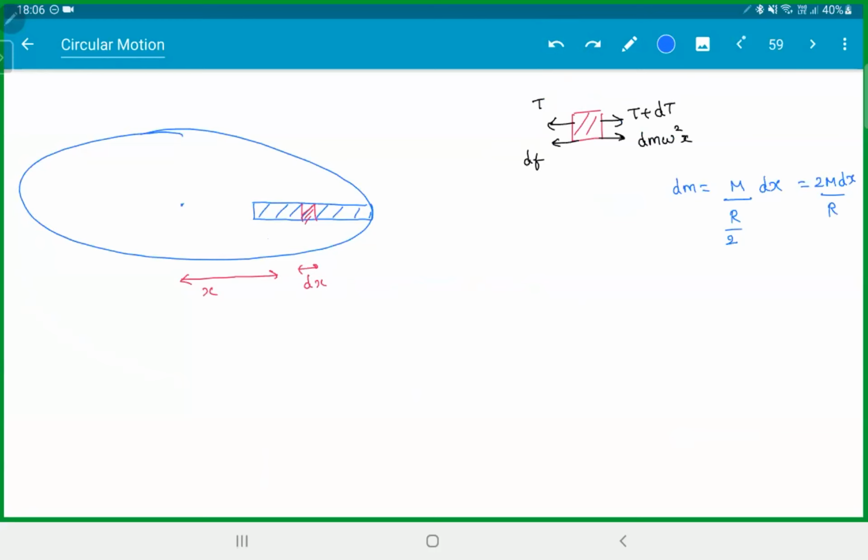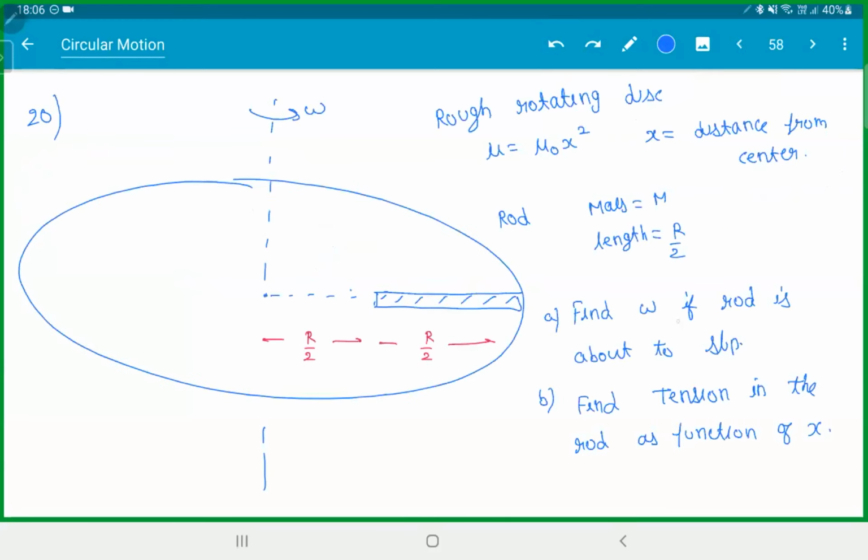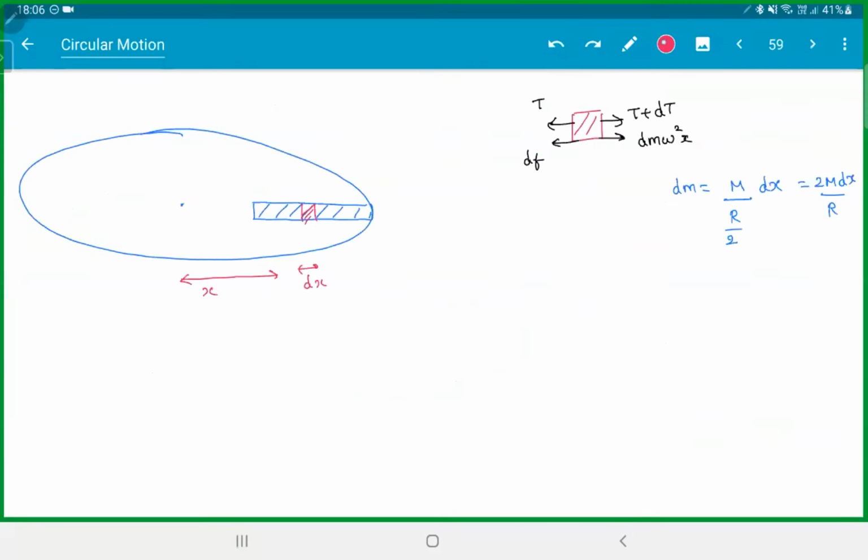Clear? Then how do you know you have to integrate? The first thing when you saw this should have given you a big clue that integration is involved: friction coefficient is not constant. So if you take this full rod, there are frictions here, df, df, df, df.